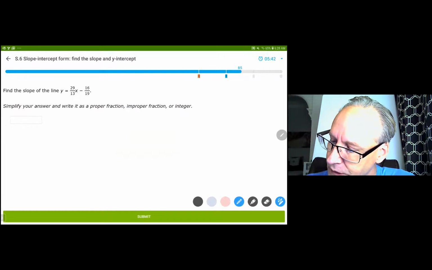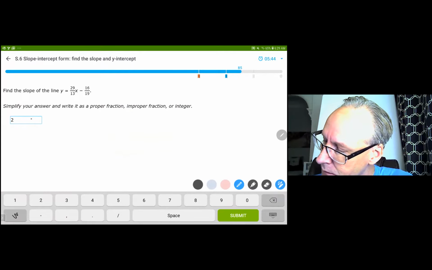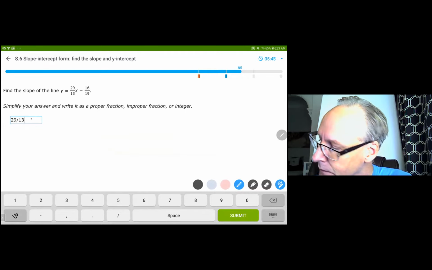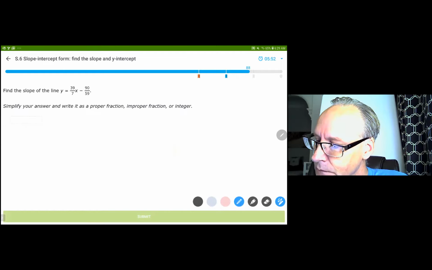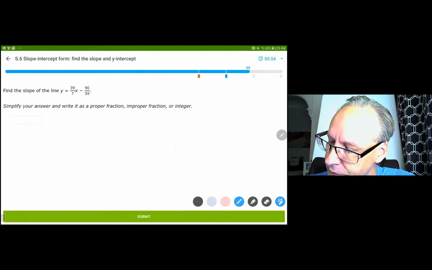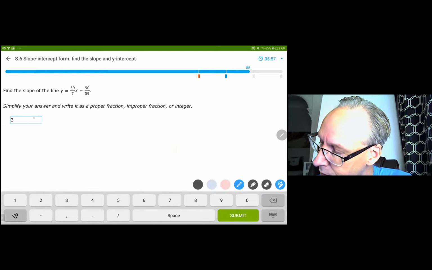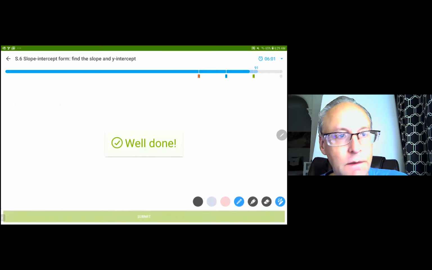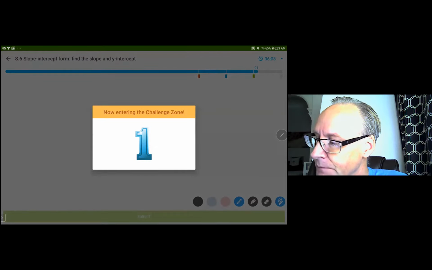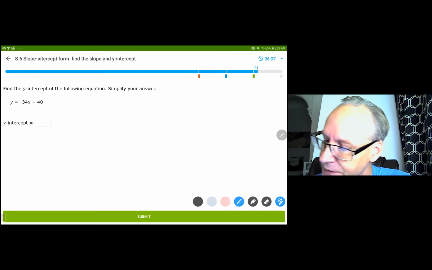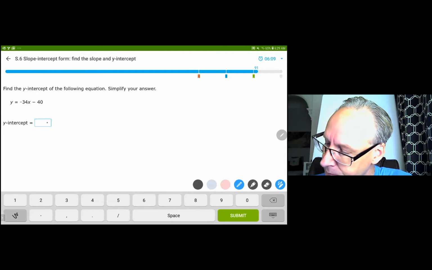The slope is 29/13. A little bigger than 2. And 39/7, getting bigger. Bigger than 5. And we're almost done. Y-intercept is at 0, -40.